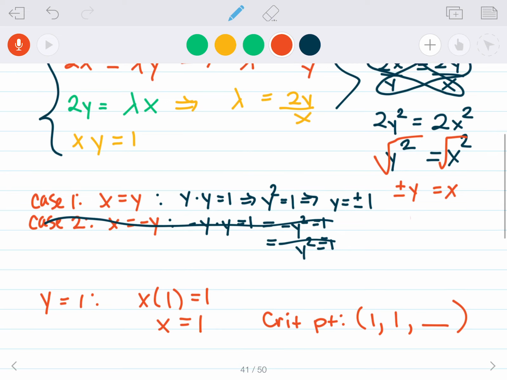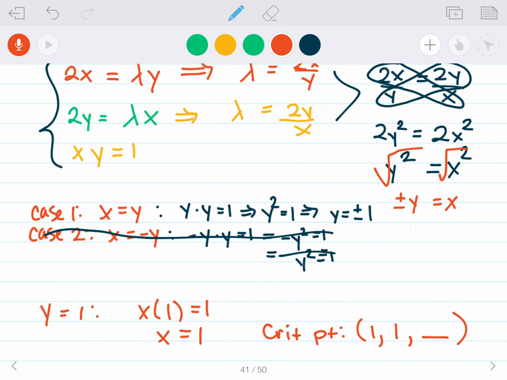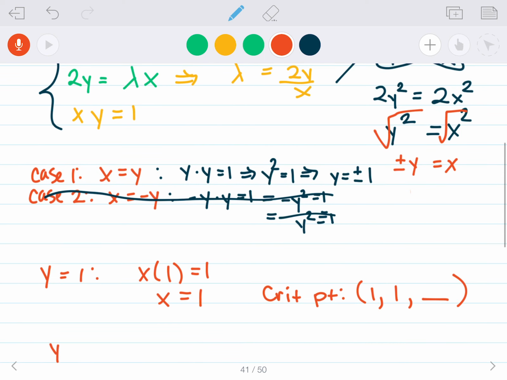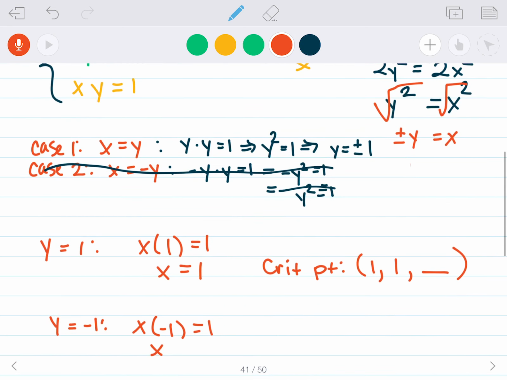We'll do that in a second. That was the first one. Now let's do y is negative 1. When y is negative 1, again using that constraint equation, we get x times negative 1 equals 1, and so x is going to equal negative 1. So here's another critical point.